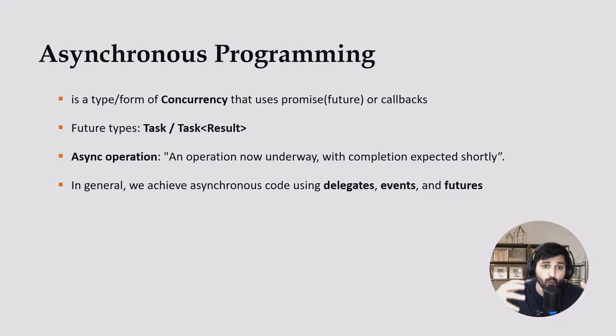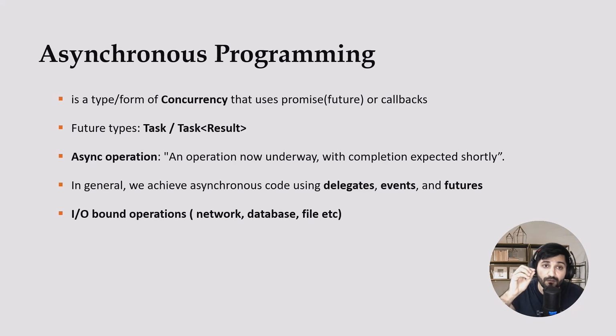In general, we have asynchronous code using delegates, events, and futures. We are using asynchronous programming for input-output bound operations. So we have two types of operations in general. We have CPU bound operations. We have input-output bound operations. We are using multithreading and parallel programming for CPU bound operations.